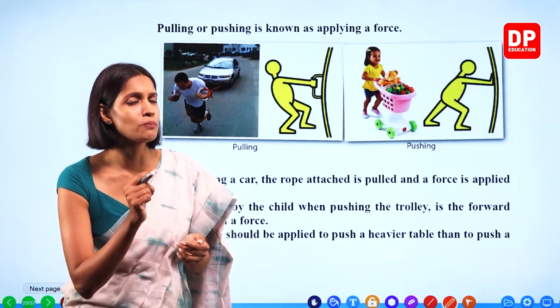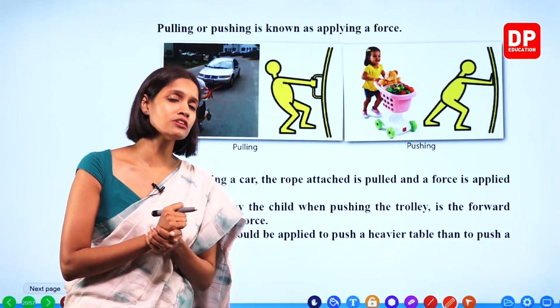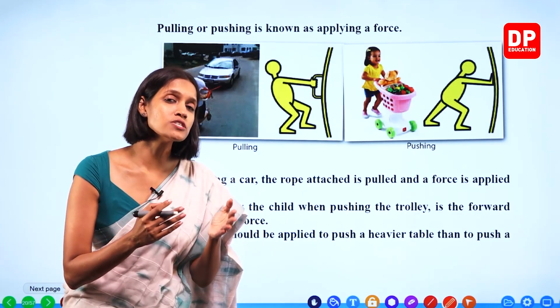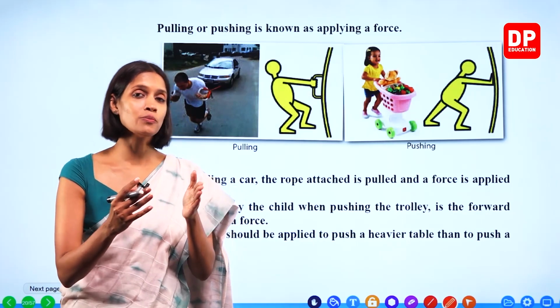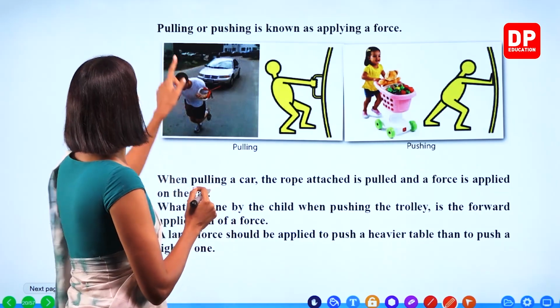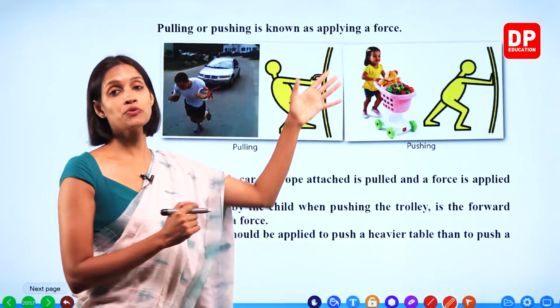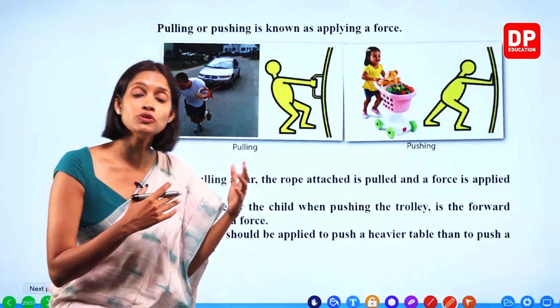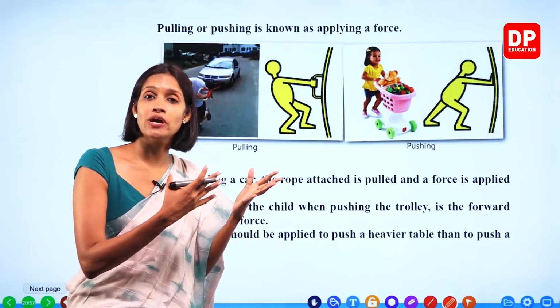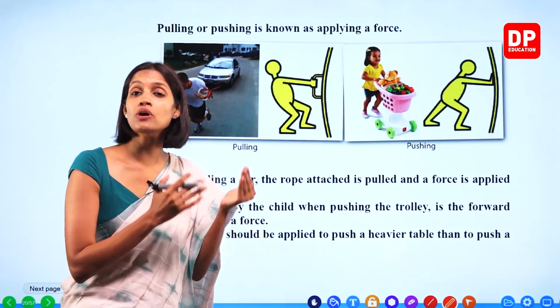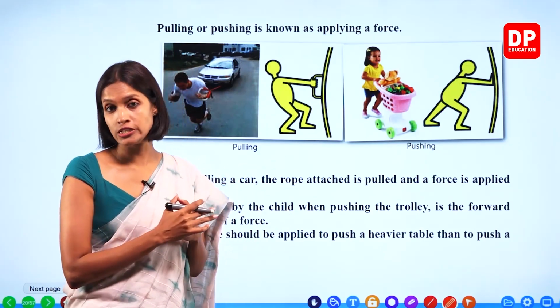Now we can come to a conclusion: a force means a push or a pull. Pulling or pushing is known as applying a force. If you want to apply force onto an object, you need to either push or pull it.